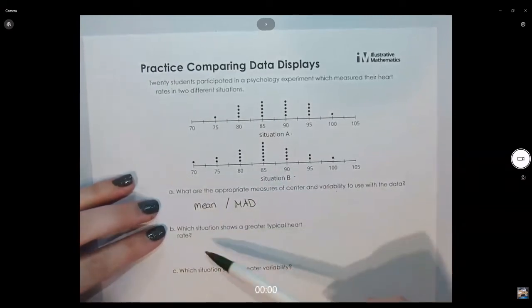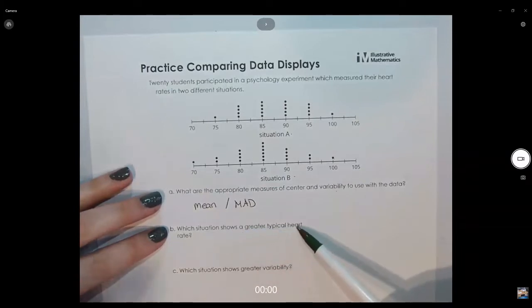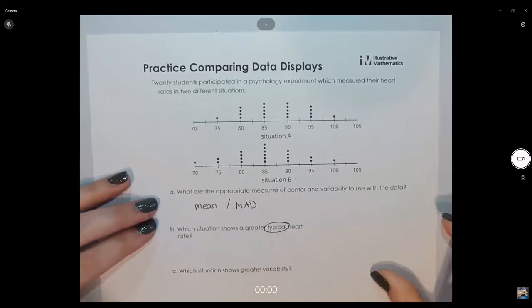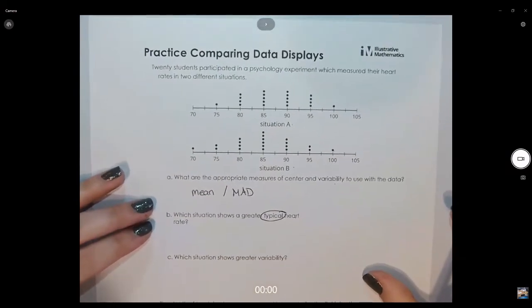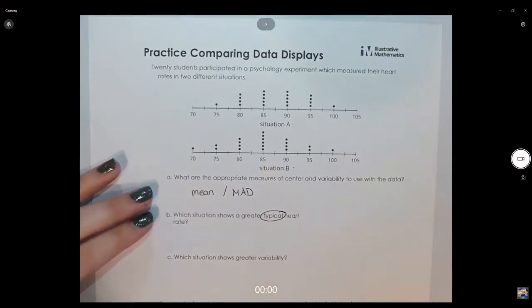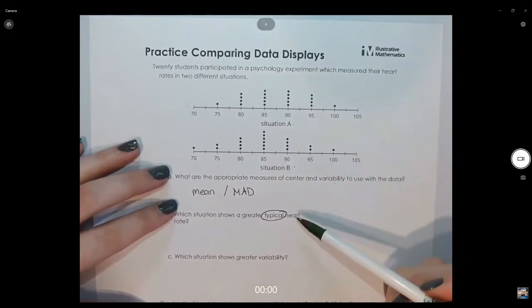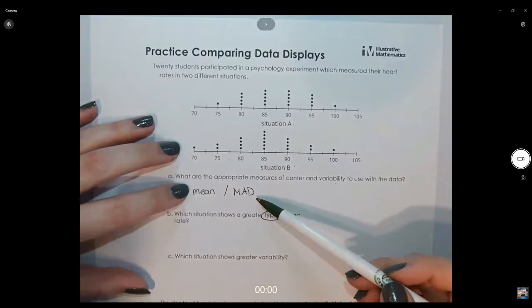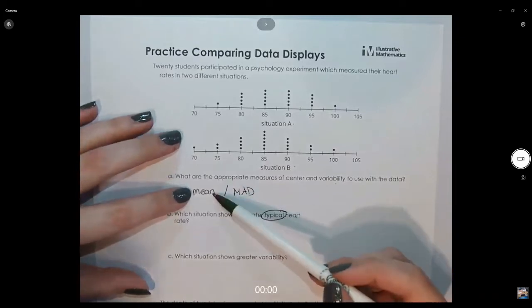In which situation is there a greater typical heart rate? Typical usually means that we're talking about an average heart rate. So we said that we wanted to find the mean for those. Since they are very symmetric, the mean is actually going to be the same as the median in this case.